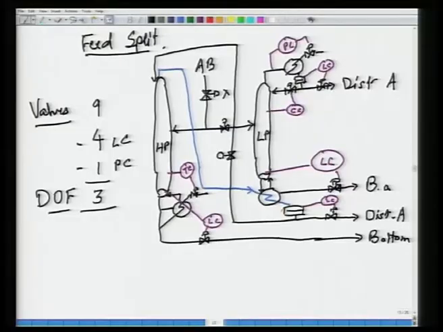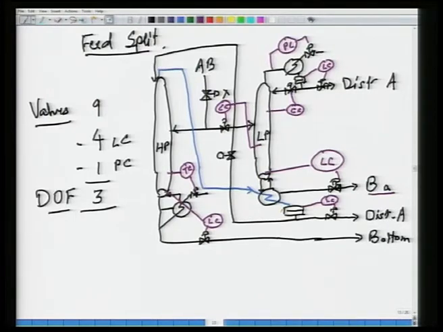Enough reboil is not there, so the A is leaking down the bottoms of this column. Since the reboil is not in my hands, what I should do is reduce the amount of feed that I am putting in. So, if the amount of A impurity in this stream right here goes up, then I should reduce the amount of fresh feed that I am putting into the LP column.